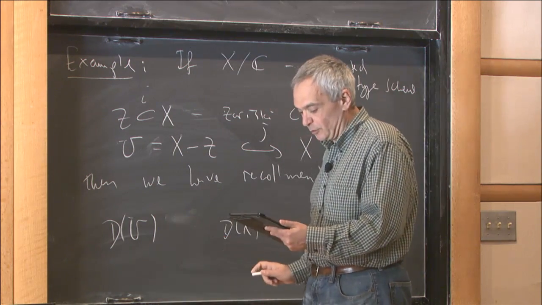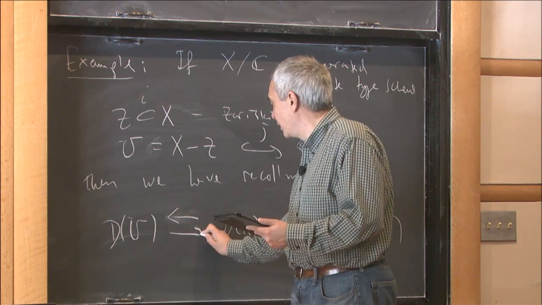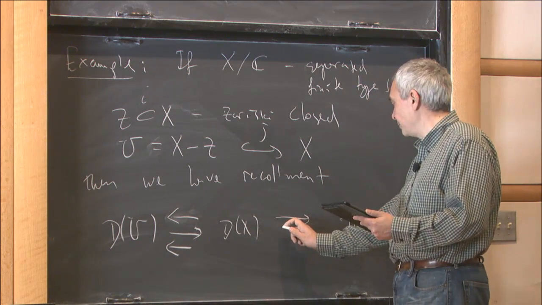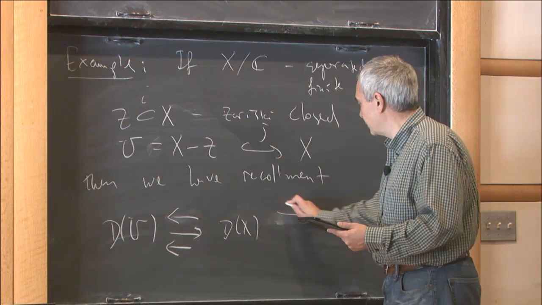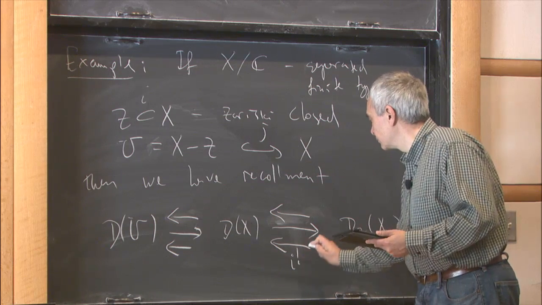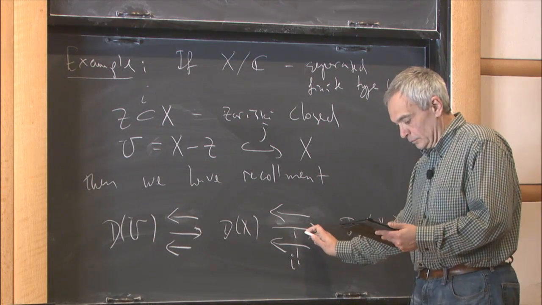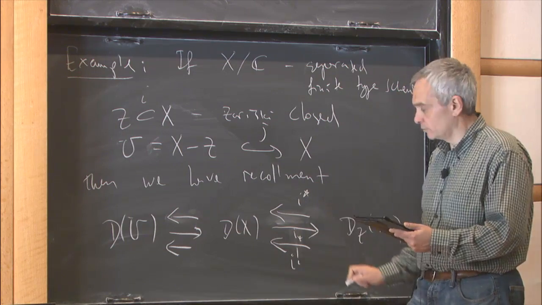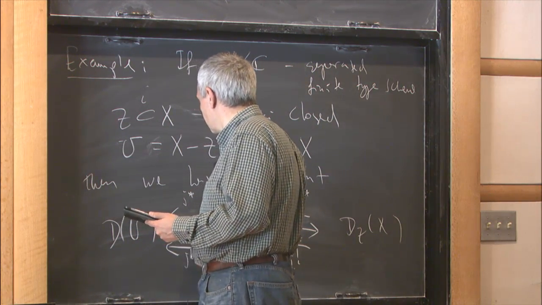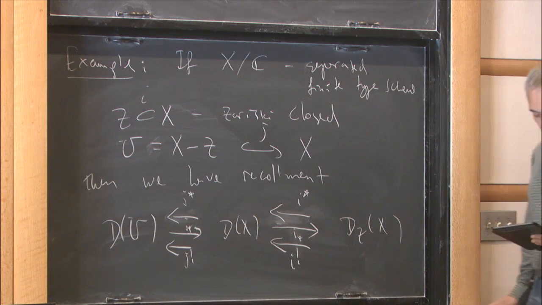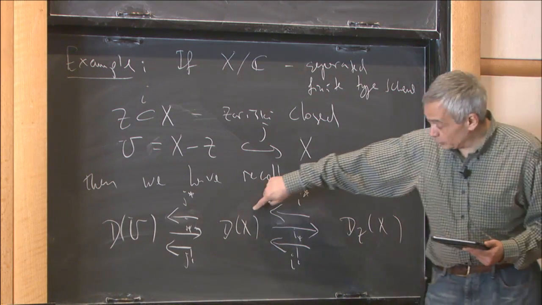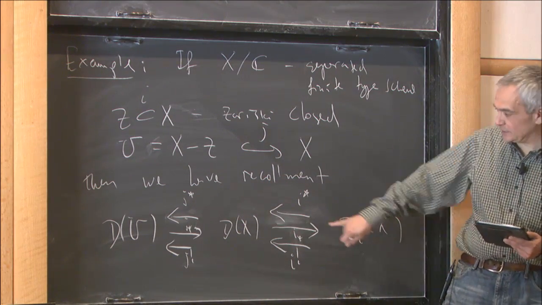So if you view those as non-commutative spaces, we have maps between them. We have the triples of adjoint functors. And this is a semi-orthogonal decomposition of this category into this piece and this piece.